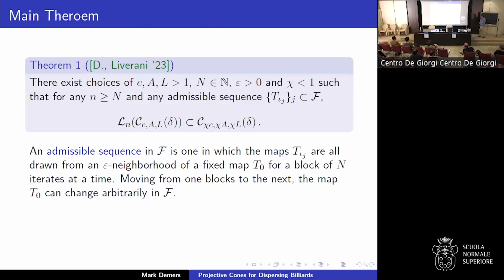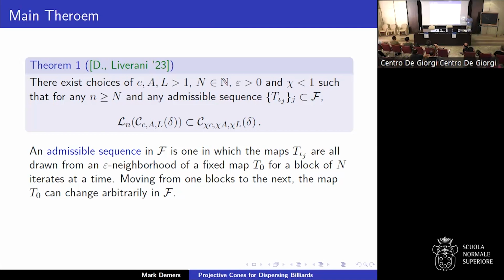And so the theorem is this, that, yeah, we get this strict contraction of the cone, but you have to choose an admissible sequence. What we mean by admissible is just an arbitrary sequence of maps from the uniform family, but blocks of n at a time should be drawn from epsilon neighborhoods of a fixed map.